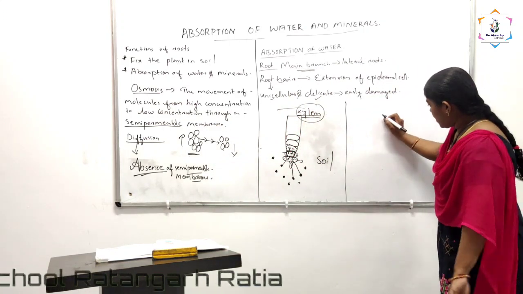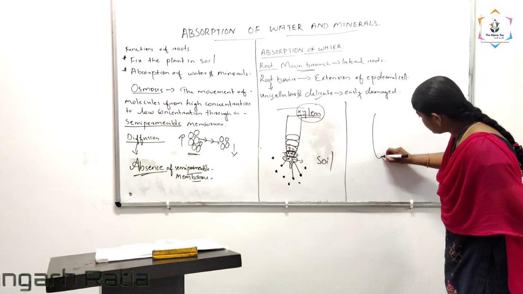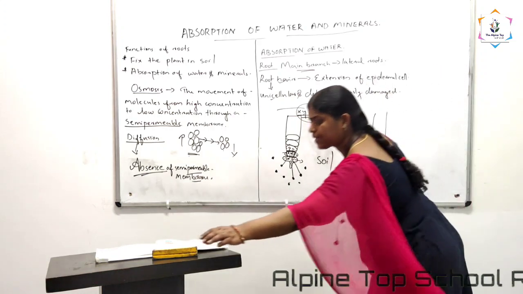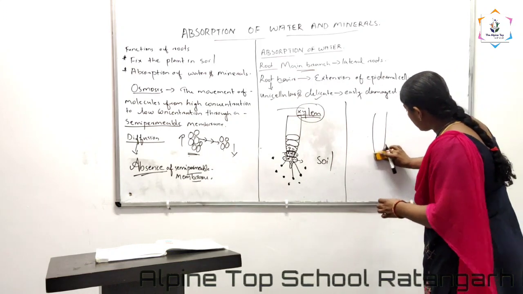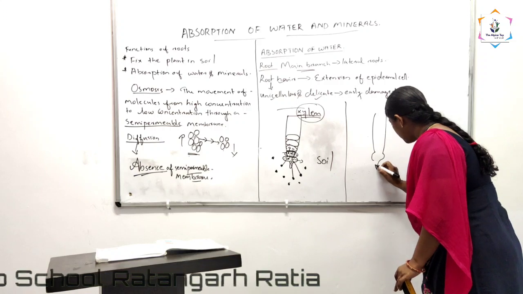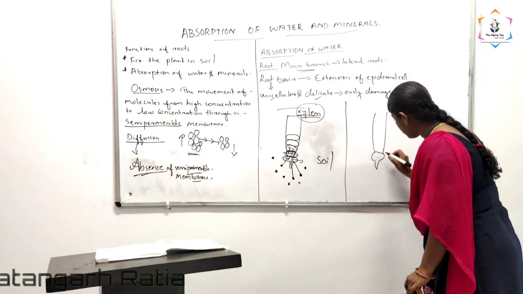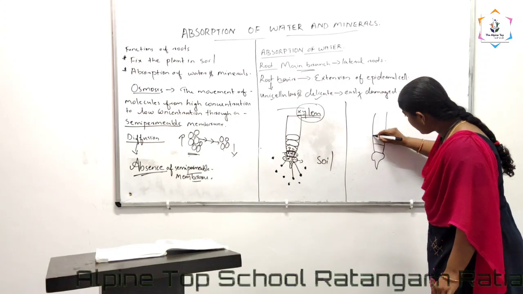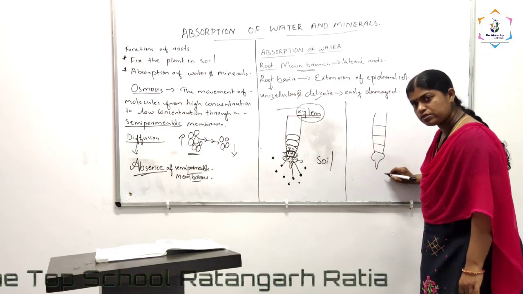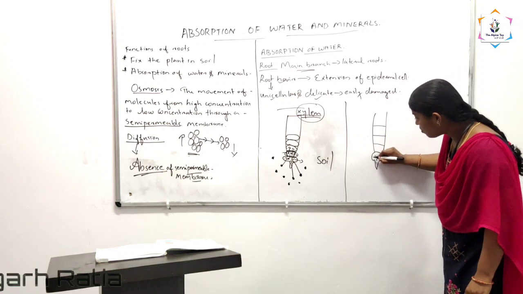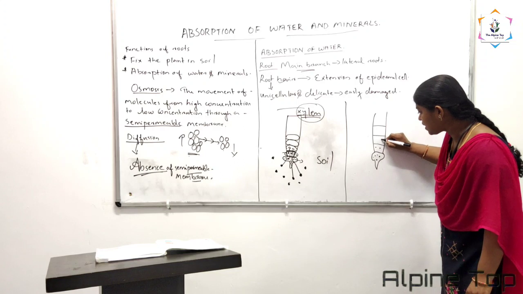And see, here there is a big difference in the absorption of minerals. Okay, what is that? See, here epidermal cell will be there, isn't it? Epidermal cell, otherwise root hair, will be there. This is soil, and when compared to soil, the root hairs have much more minerals inside.